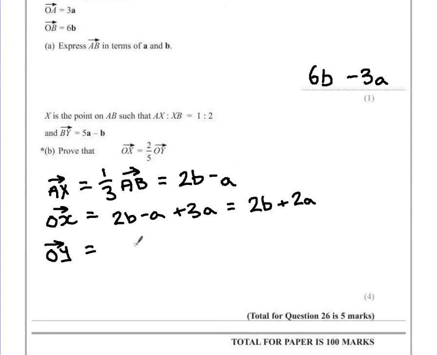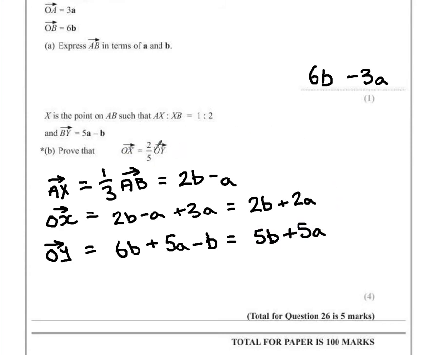So we take our vector of 6B to get up to point B, and then we're going to add on the vector from B to Y, which is 5A minus B. Simplify this vector. 6B take away B is 5B, add 5A.